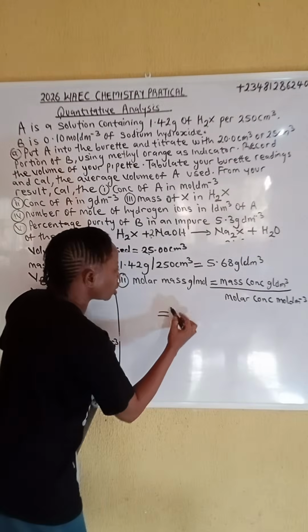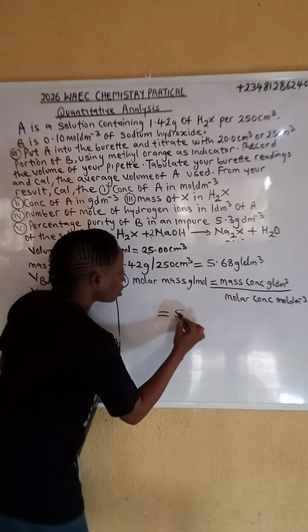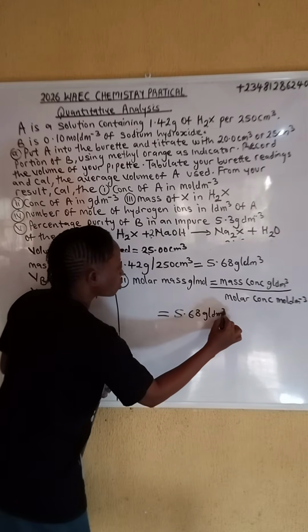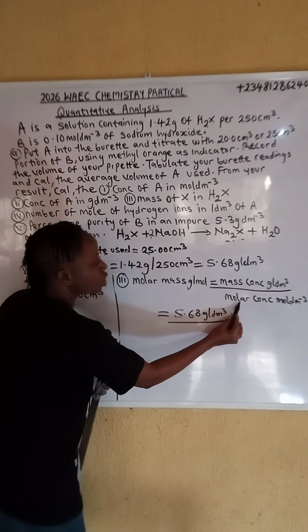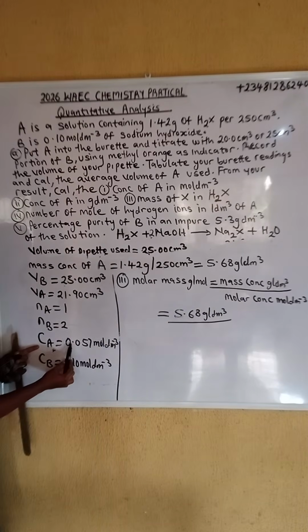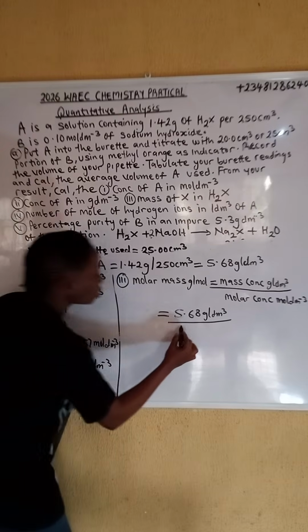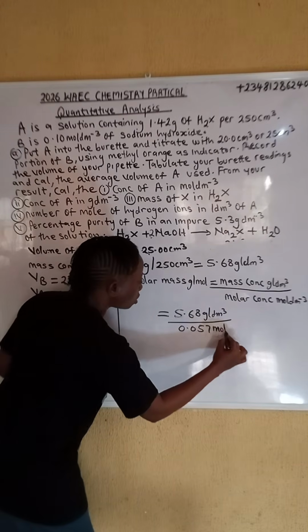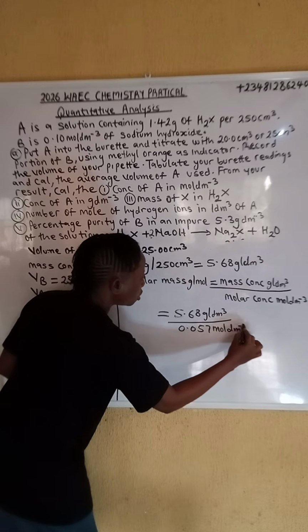So our mass concentration is 5.68 gram per dm cube, divided by the molar concentration of acid. What is the molar concentration of acid? 0.057.